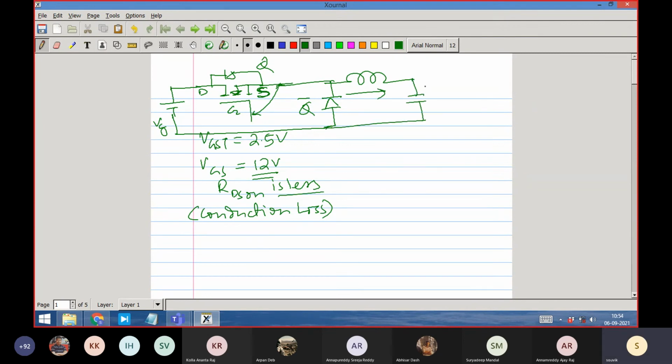If you have turned off switch Q, the inductor current is not finding any path, and while finding its path, it will automatically find a path through the diode. You don't actually require an active switch here. As long as the inductor current is continuous, the inductor current will force this diode to conduct. Diode cannot choose to remain off. It has to conduct because the inductor current is there.